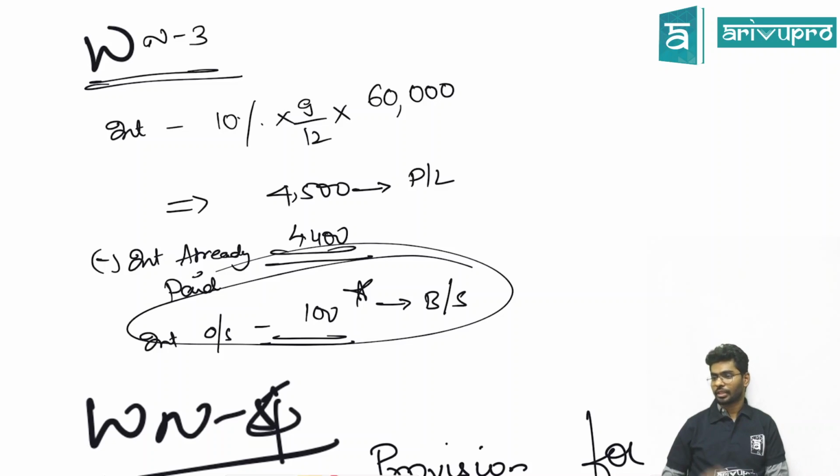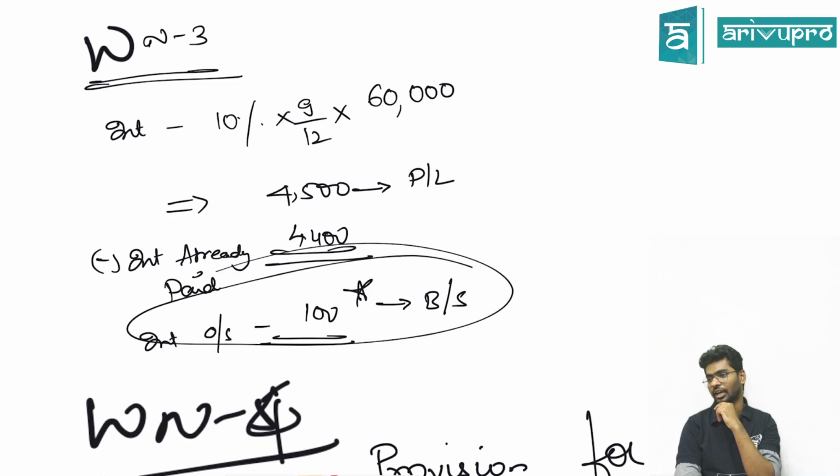Sir, interest account, just listen to it. Interest account, in your trial balance, how much was it? 4,400, no? How much did you write in the P&L account? Go to your working note. So how much more do you have to pay? 100, if you have to pay an expense.